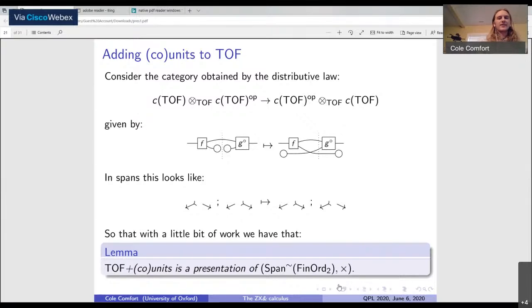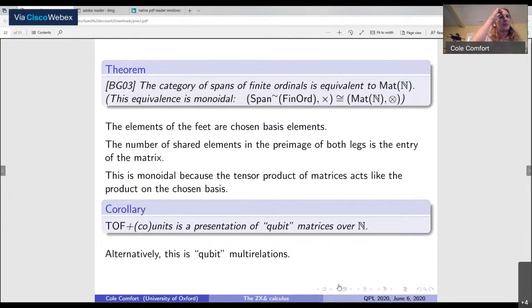Doesn't make sense. But then I read this paper by, I think, Bruni and Guiducci, where they said that the category of spans and finite ordinals is equivalent to matrices over the natural numbers.